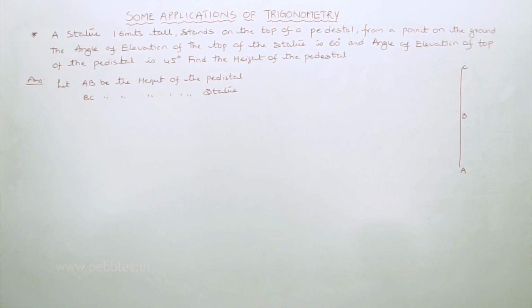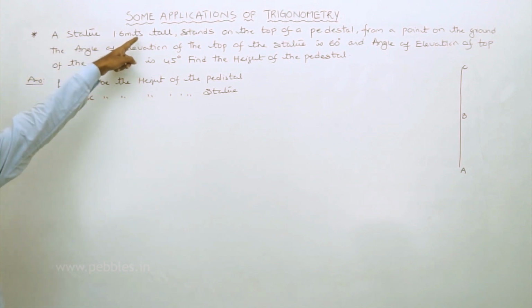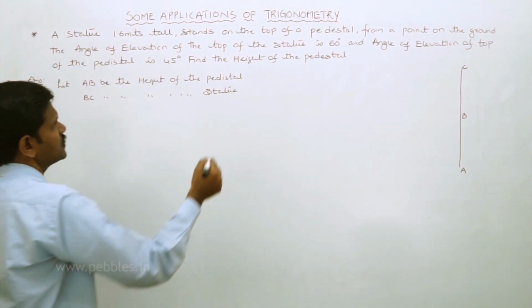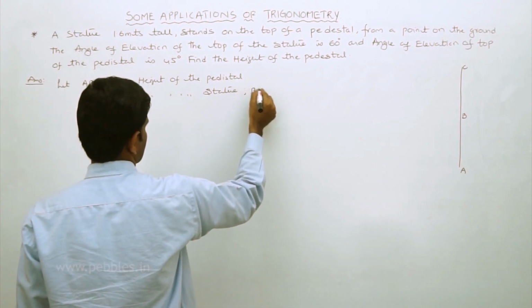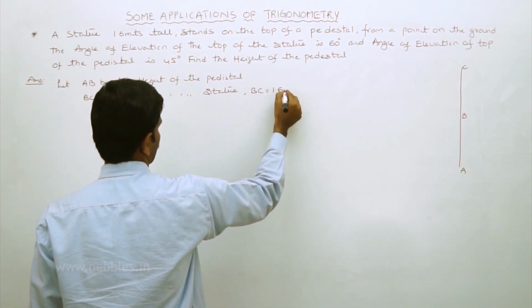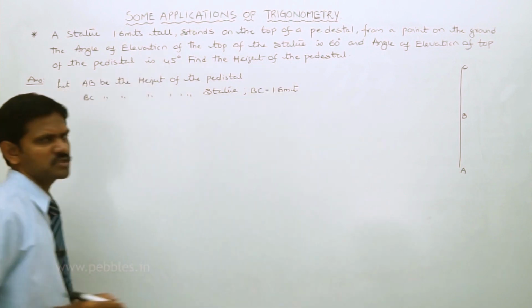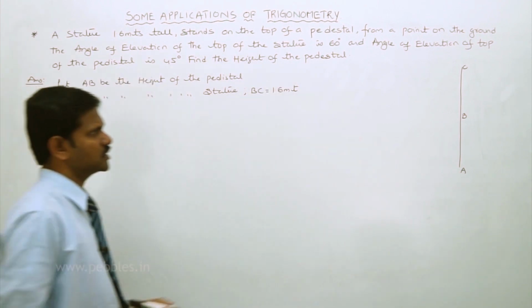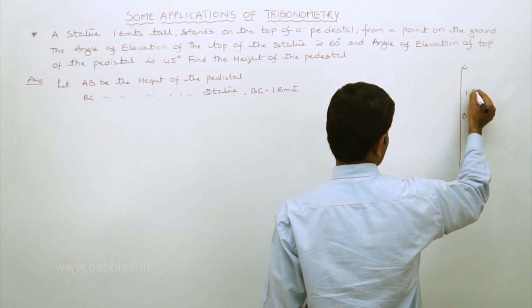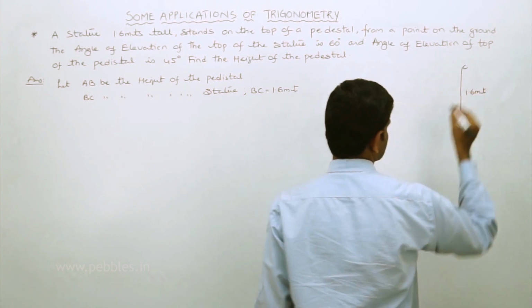From the question, a statue 1.6 meters tall, that is BC is equal to 1.6 meters.